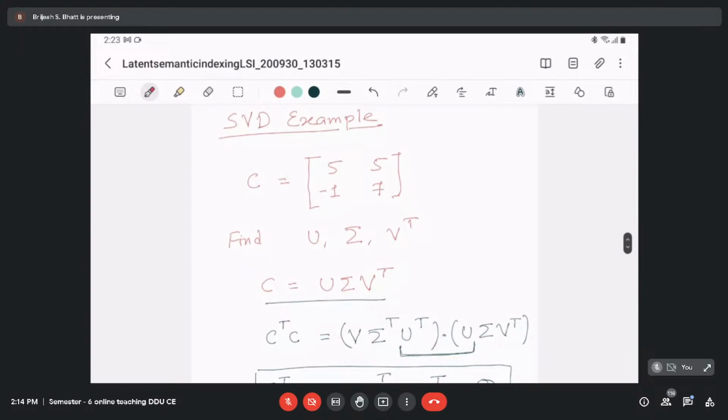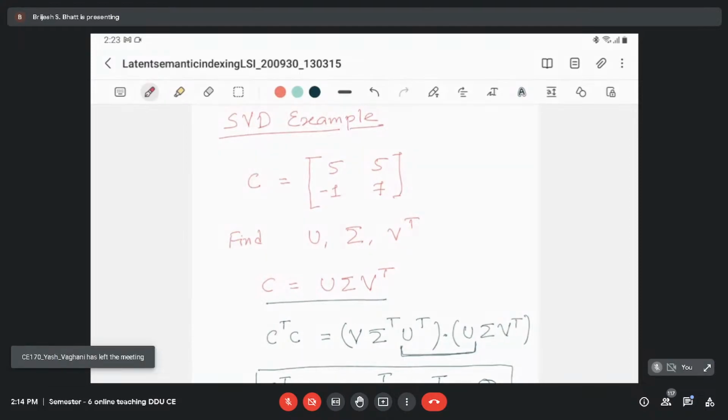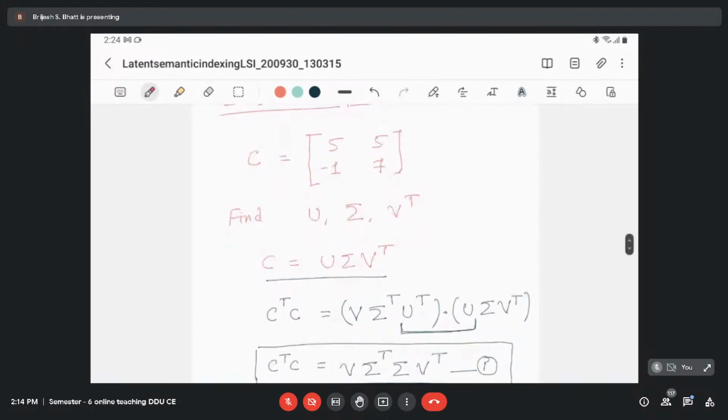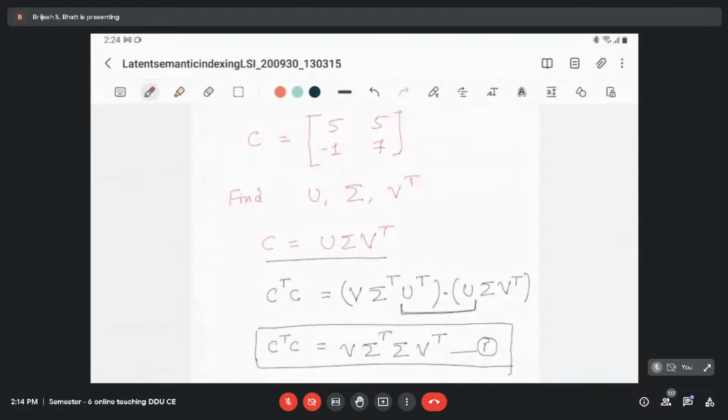First we do C transpose C. A bit of mathematics here: C transpose C is V sigma transpose U transpose into U sigma V transpose, which becomes V sigma transpose sigma V transpose.